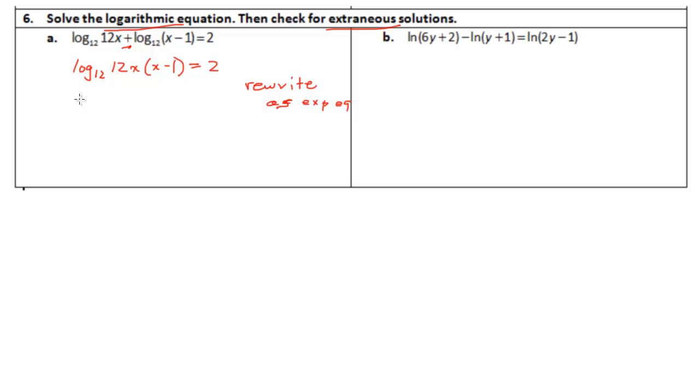So this is 12 to the 2 power is equal to 12x times x minus 1. And now we're going to go about solving this. We've got 144 on the left is equal to 12x squared minus 12x.